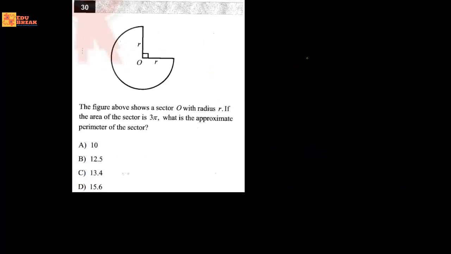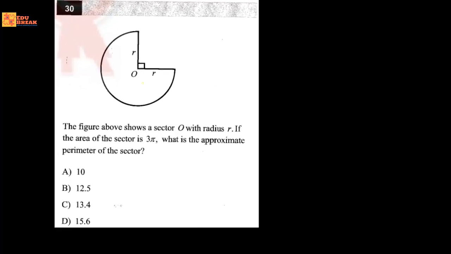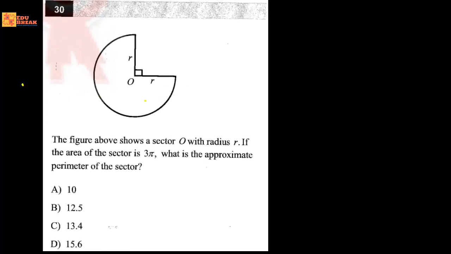Question 30. The figure above shows a sector O with radius r. If the area of the sector is 3 pi, what is the approximate perimeter of the sector? Here this is the 3 pi sector, so it will be pi and pi and pi.